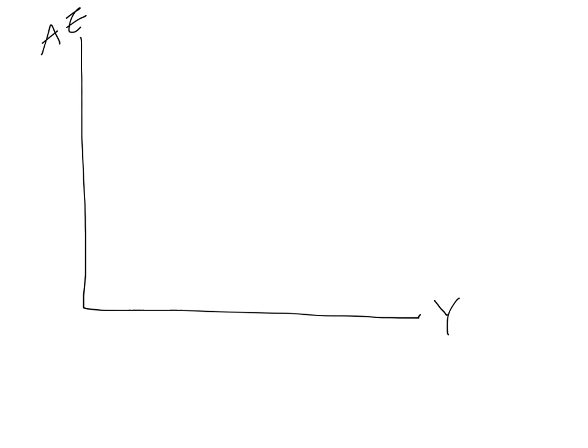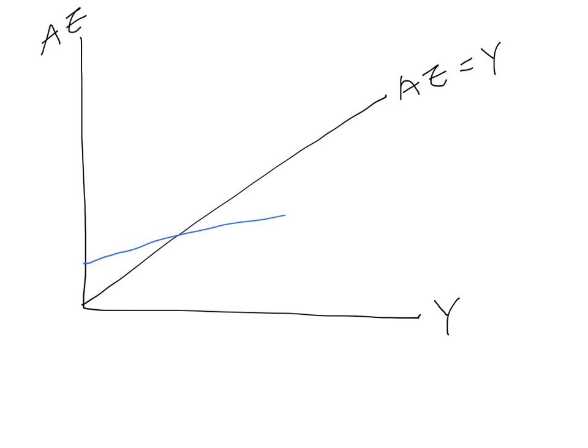Here we're going to show you what causes the aggregate expenditure schedule to shift, right? So for example, I draw this up. Okay, so we've got this situation, and then we have our aggregate expenditure schedule 1. What causes this to shift?